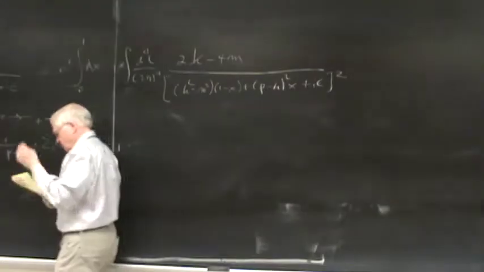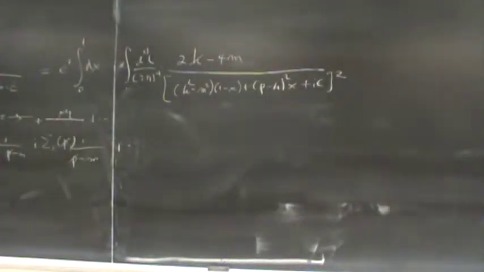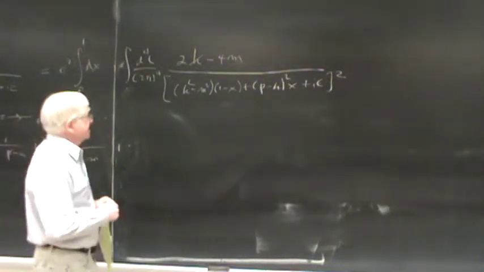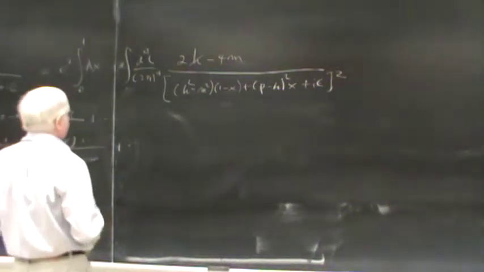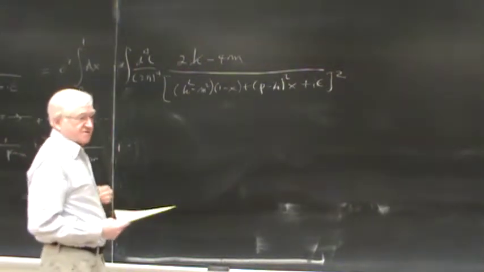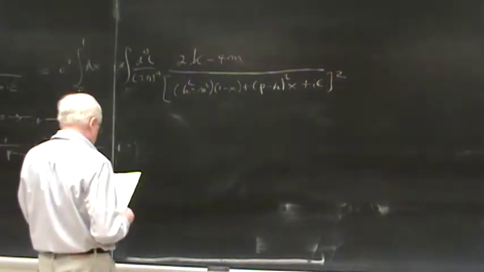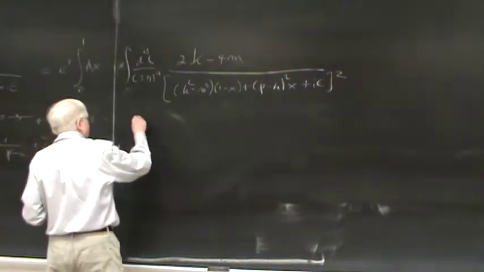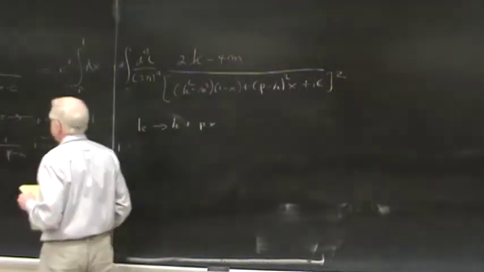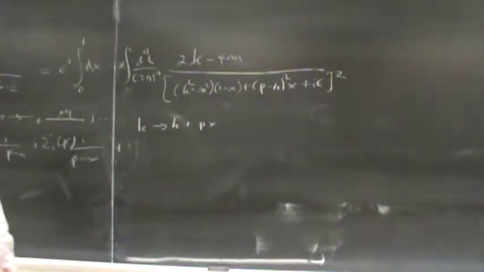So what we've got is a logarithmic divergence, and I think what that divergence is telling us is that the theory doesn't know about what's going on at short distances, and so we can't really compute anything. Let's make the shift. k goes to k plus px. And actually, when I'm saying logarithmic divergence, there is a linear divergence in this k.